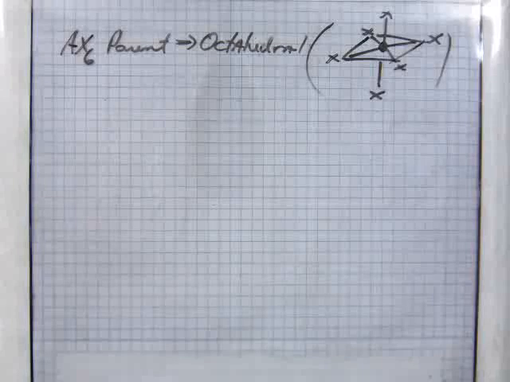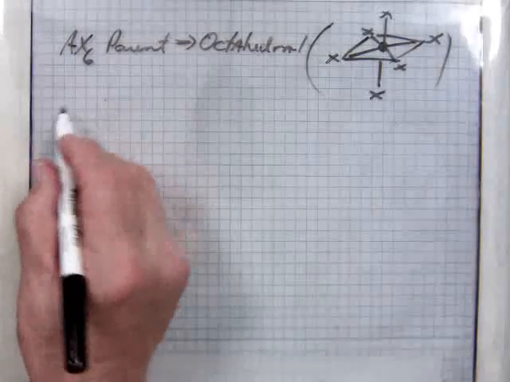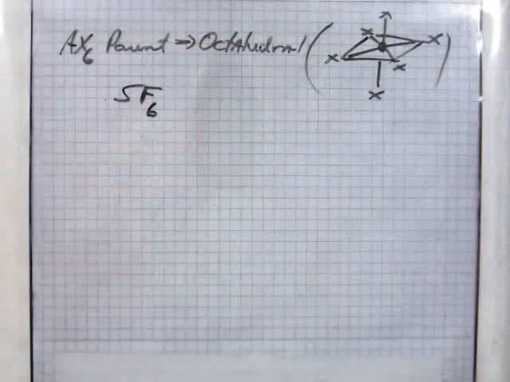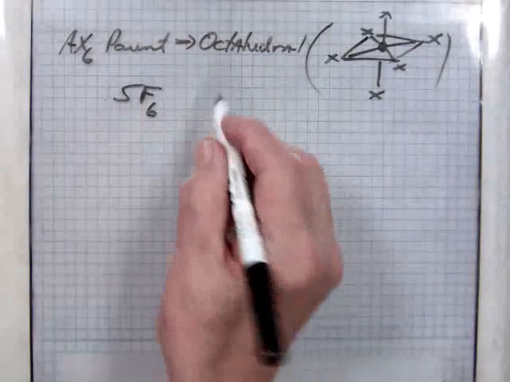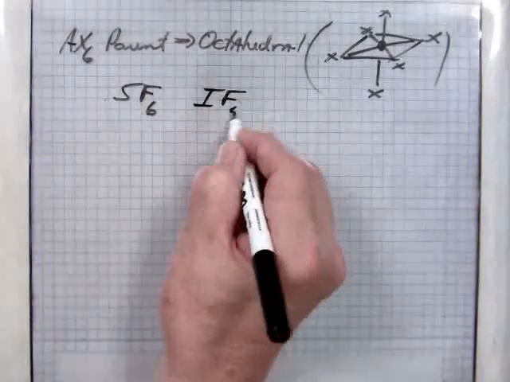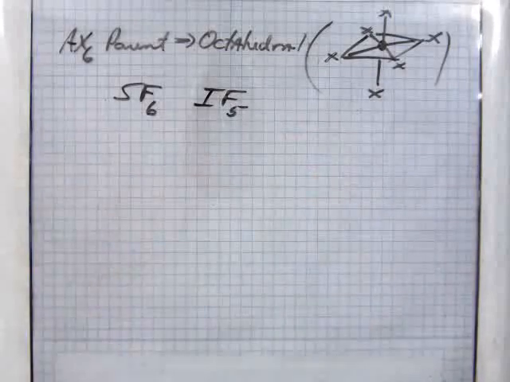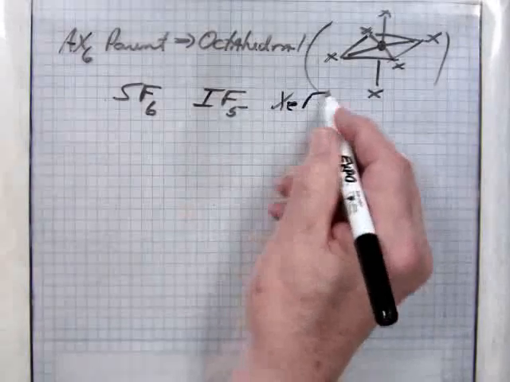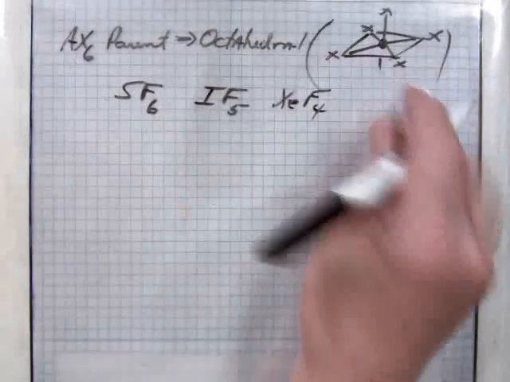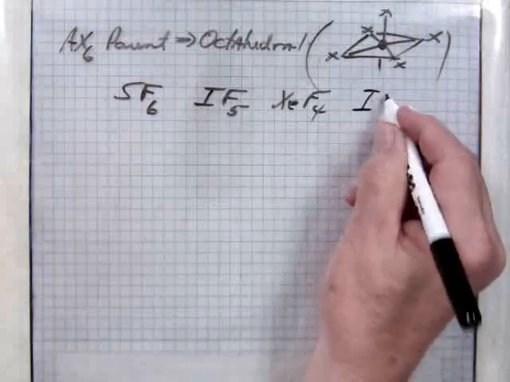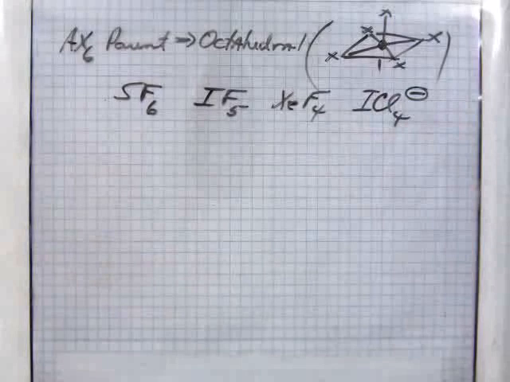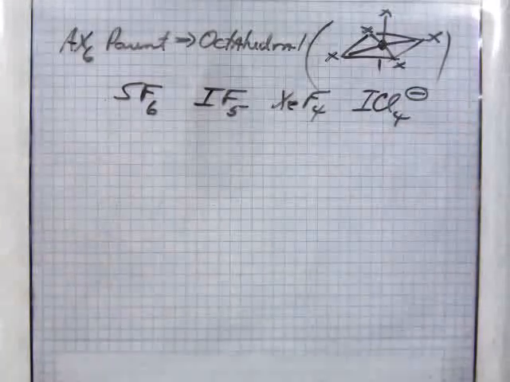SF6, what do I do with my list? I can find them. So we'll work with SF6, XeF4, and I'm going to throw in ICl4 for the polyion, which you'll look at.